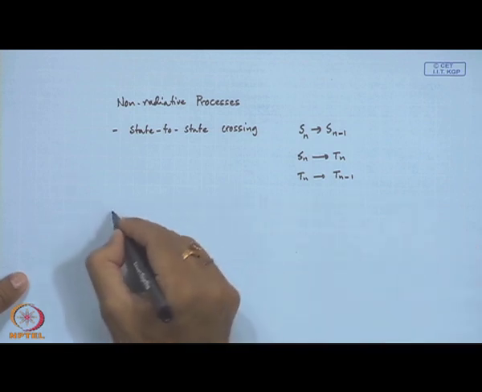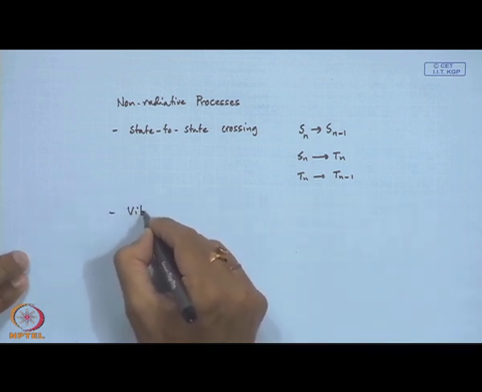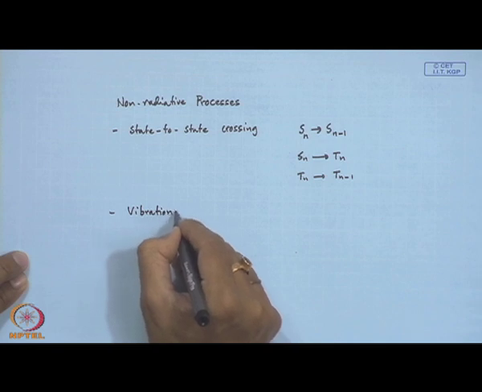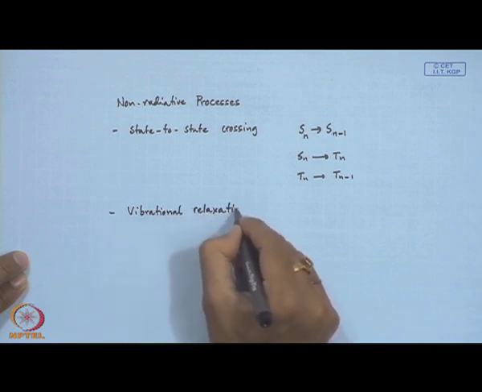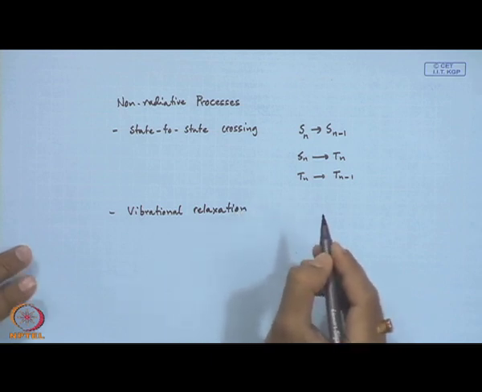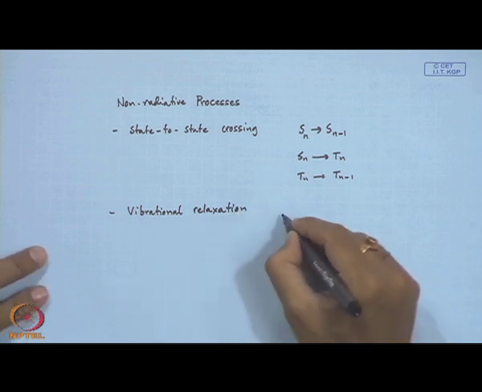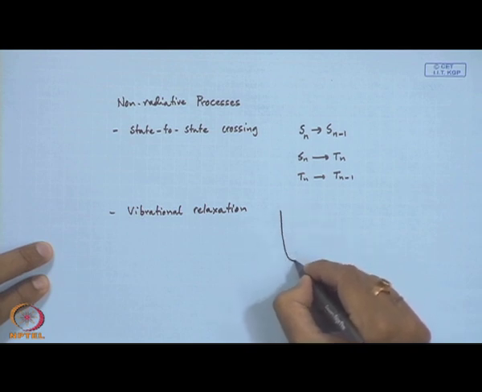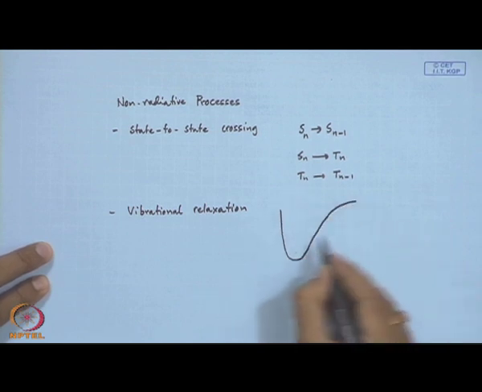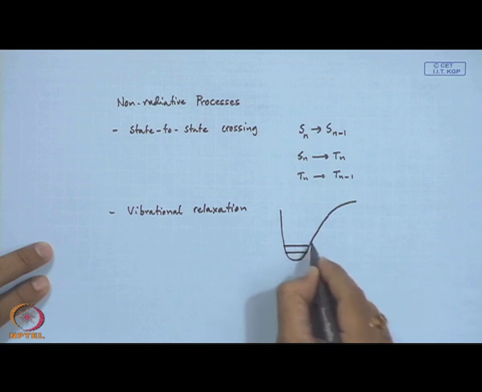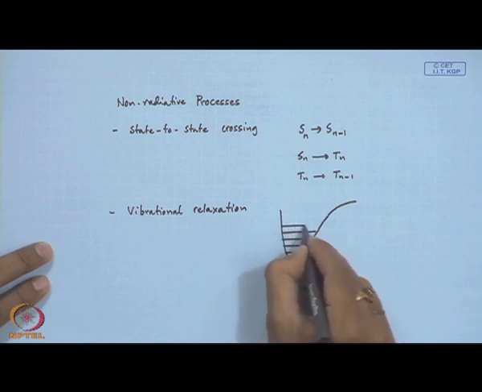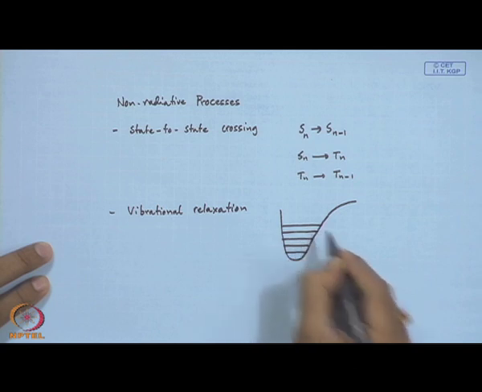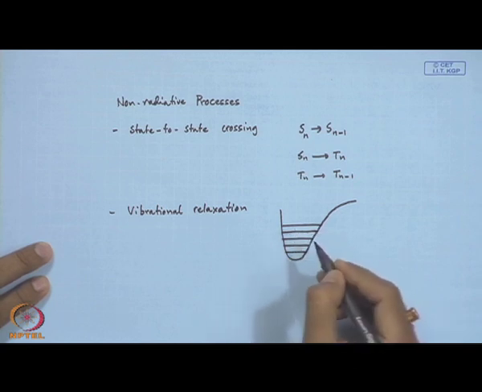Another is called vibrational relaxation. Vibrational relaxation, what is that? Think about this Morse potential like this. These are the vibrational lines, this is a vibrational ladder of vibrational states.